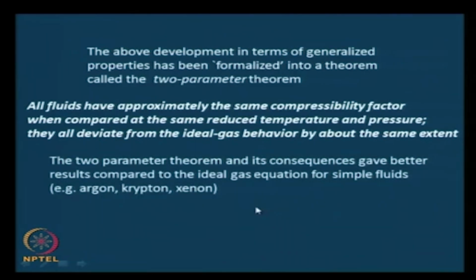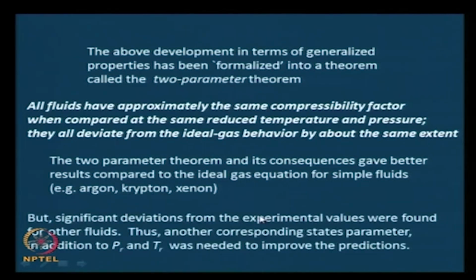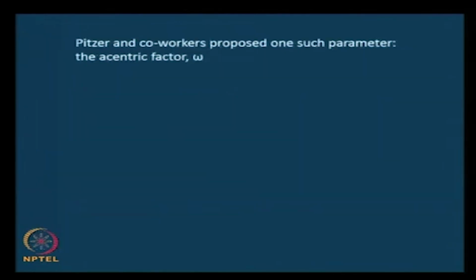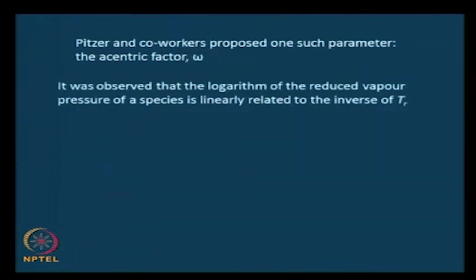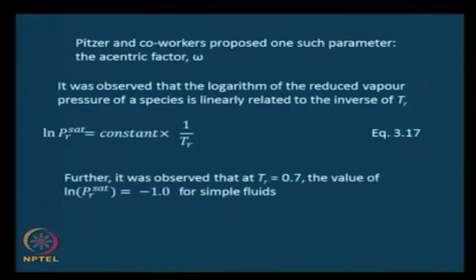It was found that the 2-parameter theorem's applicability was somewhat limited. It could give good results for simple fluids, whereas there were significant deviations for many other fluids. To account for that, Pitzer and co-workers brought in the acentric factor. I will not go through the development here; you can look at the notes or the presentation slides later.